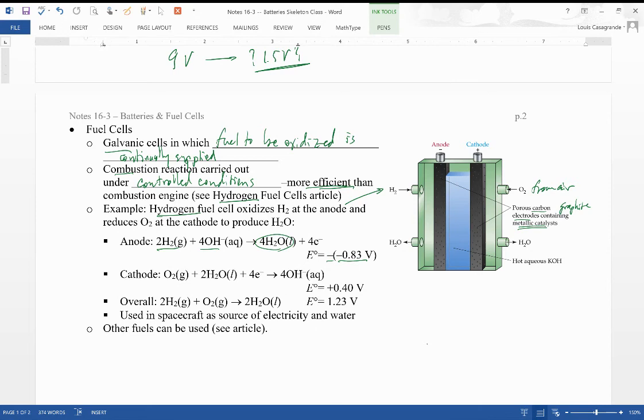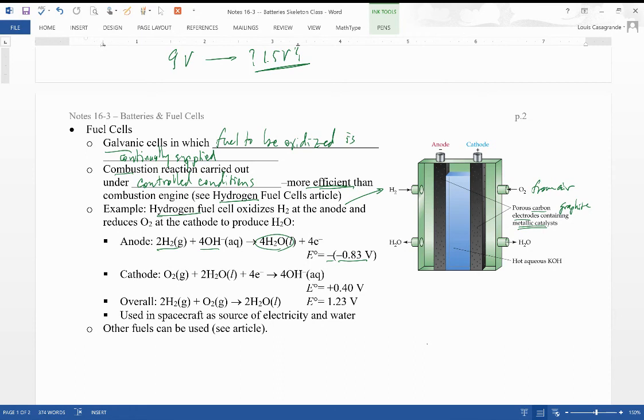And similar to the metal catalysts that you read about in the acid rain catalytic converters, these catalysts are made up of some expensive precious metals. So this is a little esoteric as a design for something that you're going to use in your family car.